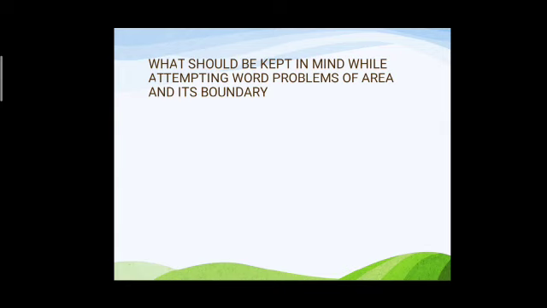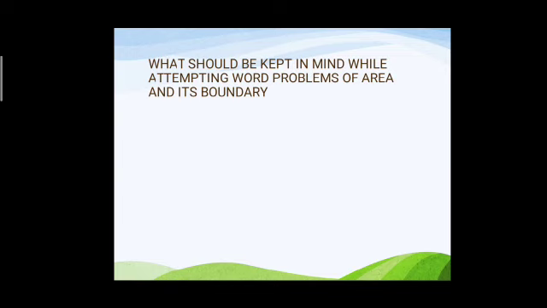And you already know the area and perimeter of square and rectangle and their formulas also. So students, in this video, the emphasis is given to solve the word problems.